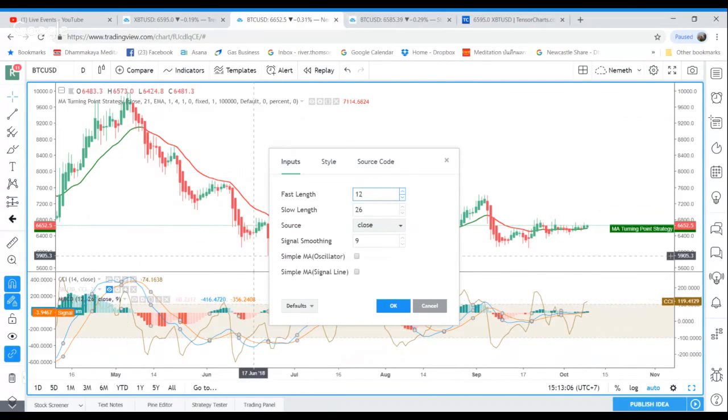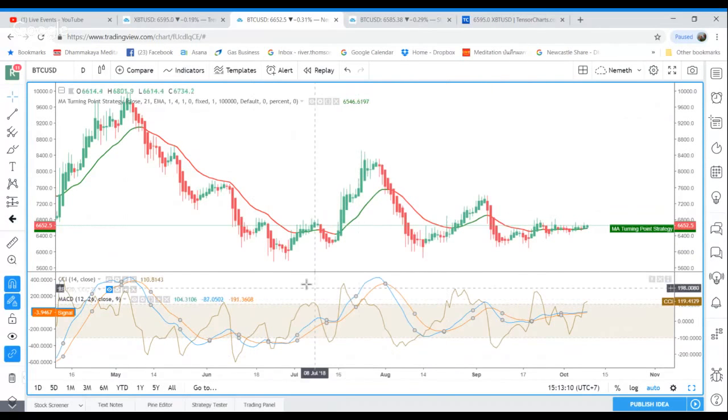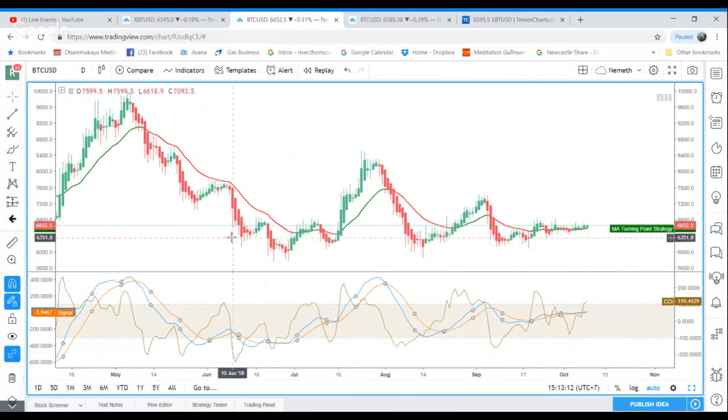He doesn't use the histogram, so let me take the histogram off. He uses it like this. And for him, he closes it when CCI crosses the MACD.